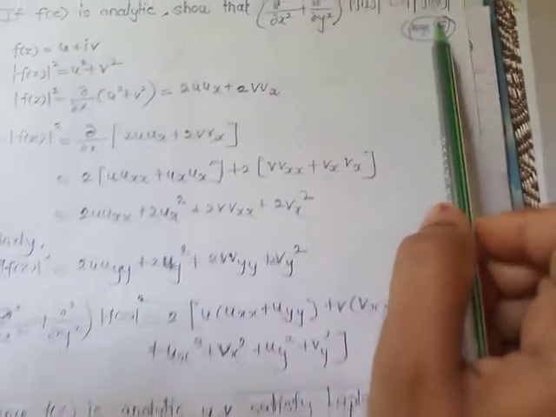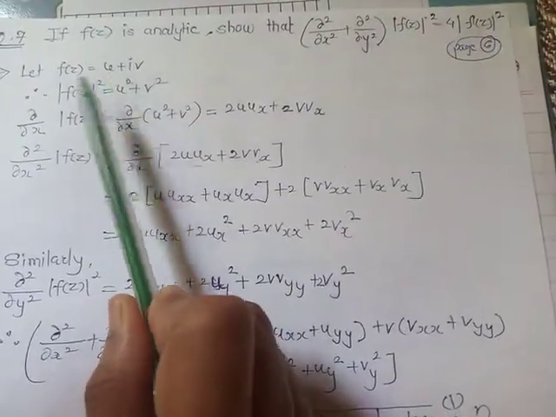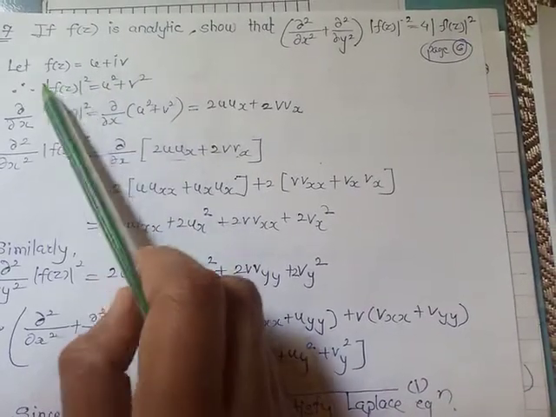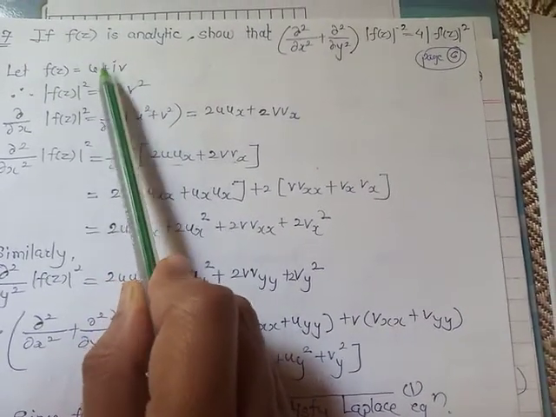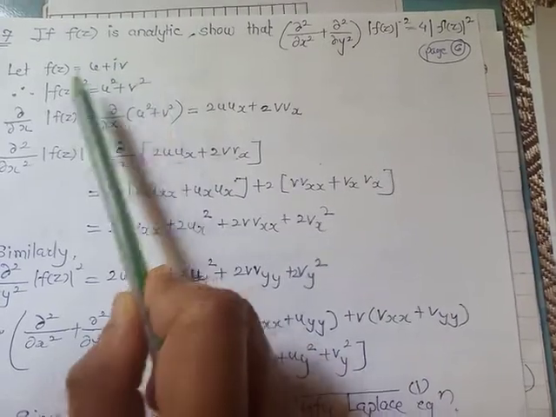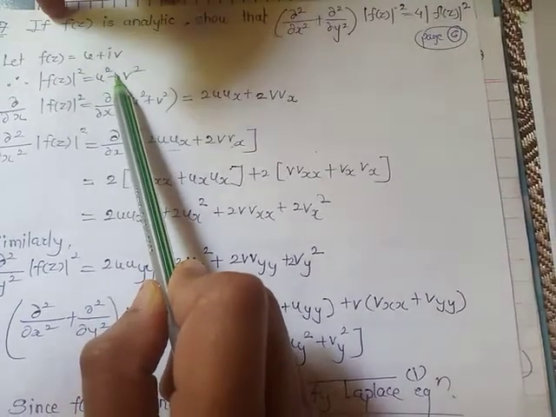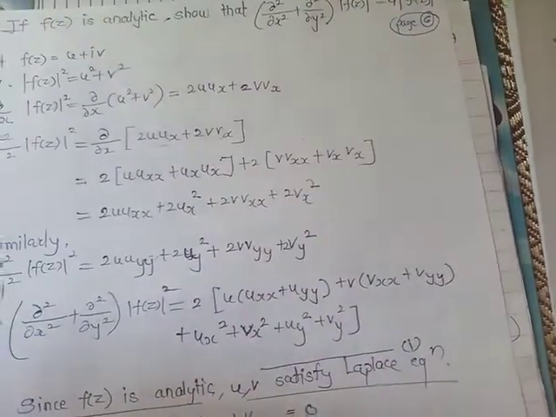Now, let f of z is u plus iv. Then modulus of f of z will be under root u square plus v square. So modulus f of z square will be u square plus v square.